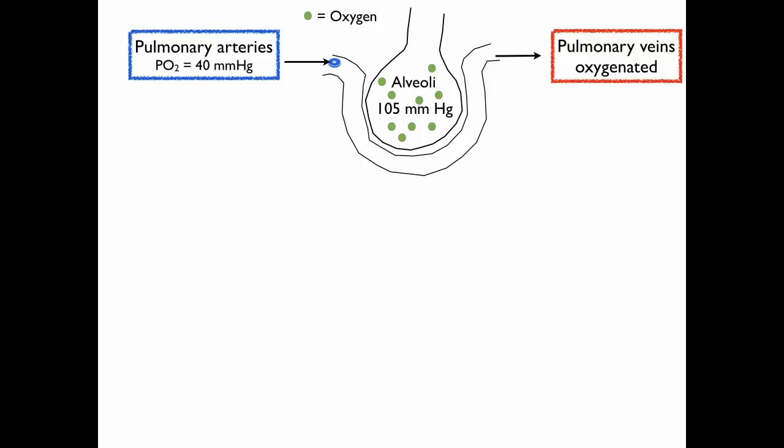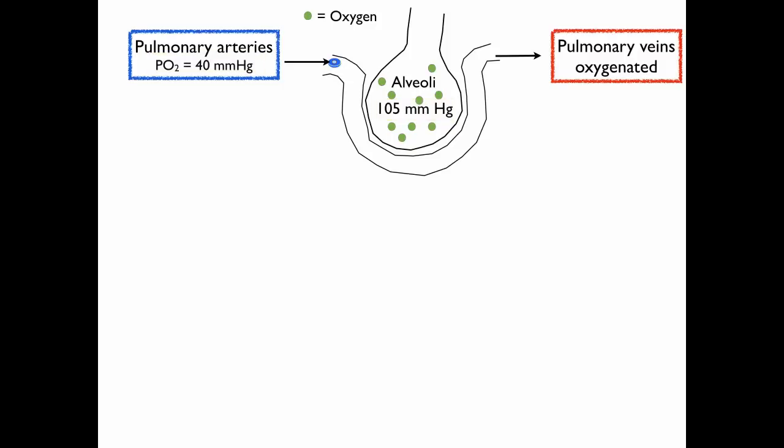We know that the partial pressure at rest in the pulmonary arteries is about 40 millimeters of mercury. So that is how much oxygen is contained within the blood arriving at the lungs. And we know that oxygen diffuses from an area of high pressure to an area of low pressure. We're going to see that oxygen leaves the alveoli and moves down its pressure gradient into the capillary because of this difference in partial pressures.